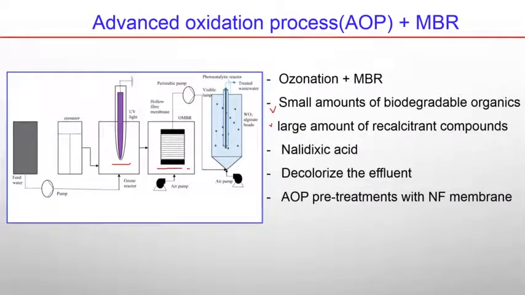Also, it can remove synthetic wastewater containing nalidixic acid, while MBR alone is not efficient in removing this matter. And the integrated oxidation process completely decolorizes the effluent and further enhances the removal of COD. There is AOP pre-treatment with NF membrane. It can improve permeate flux.